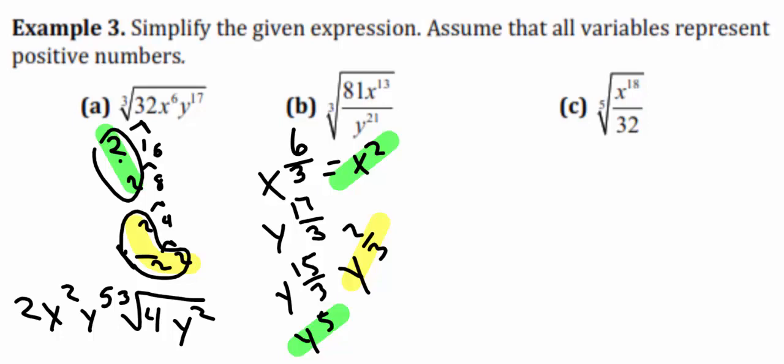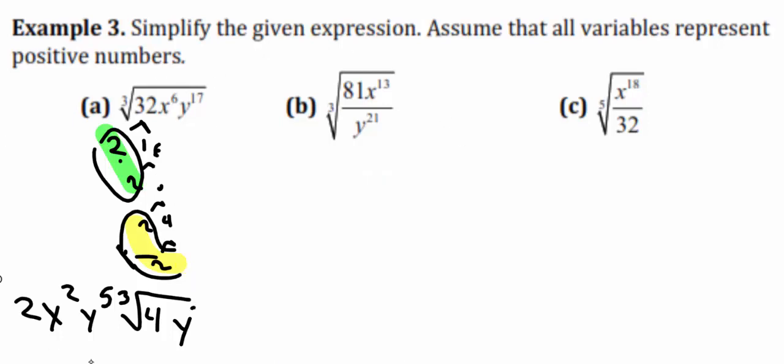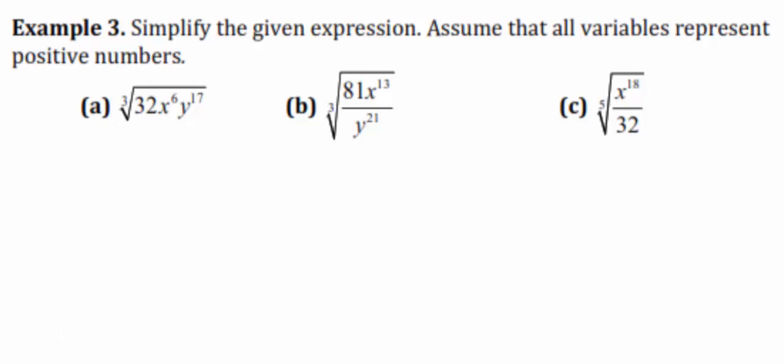All right, so let me erase all this so I have plenty of room. And let's do the next one. So this next example, we're taking the cube root of... Now, we've got to find the cube root of 81. Doesn't sound that fun, does it? It's not bad. We're going to look at it the same way.